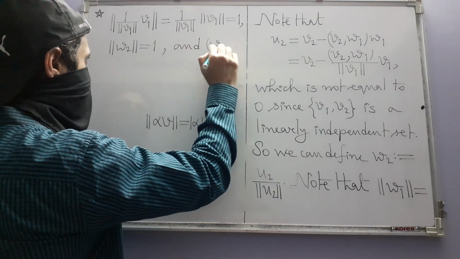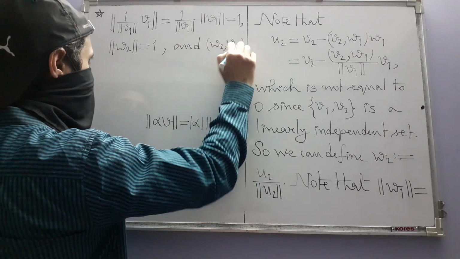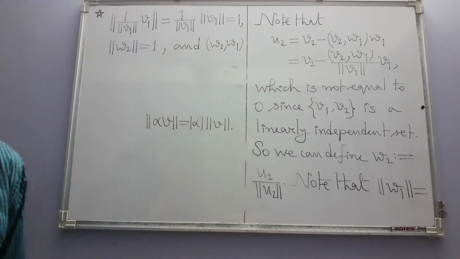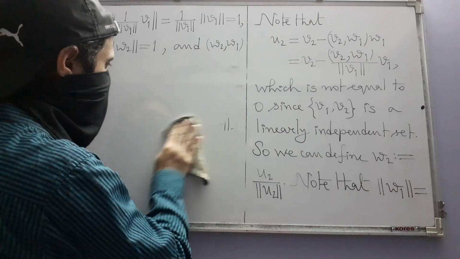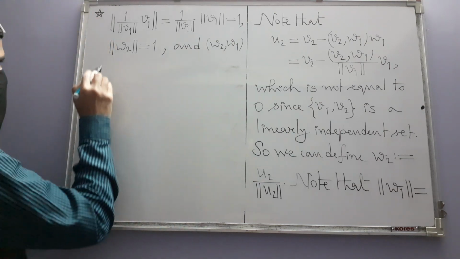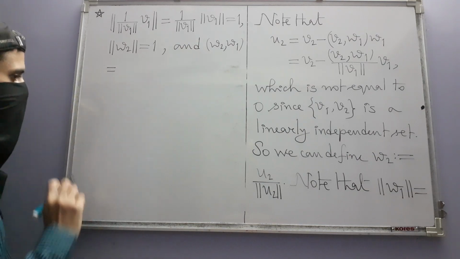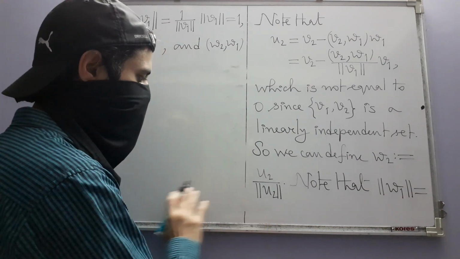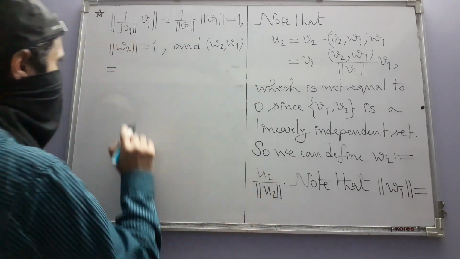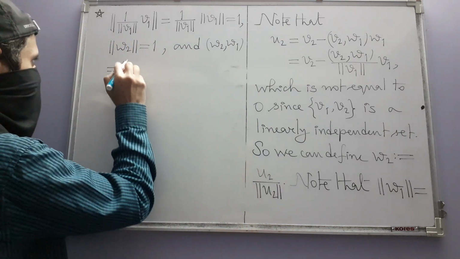And now comes the other important fact, that this inner product is also 0. For this we of course are going to use the definition of W2 itself, but keep in mind W2 is not just simply that linear combination, but this in fact. So let's just do it in steps.